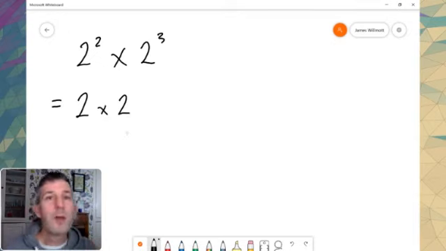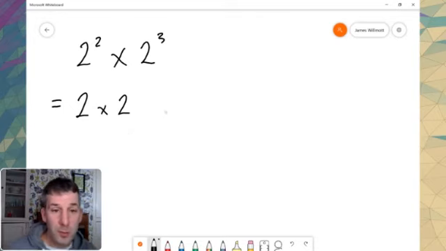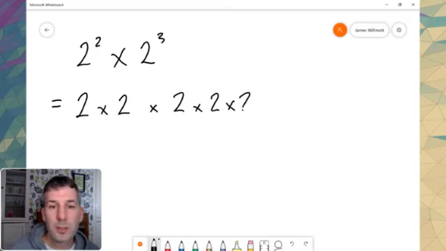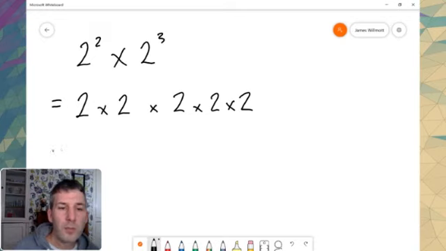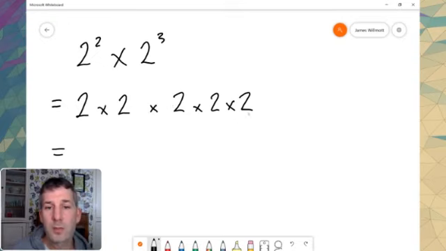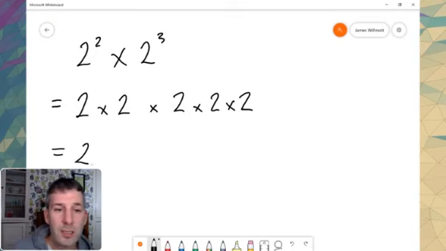And then we've got to multiply that by 2 cubed. 2 cubed is just 2 multiplied by 2 multiplied by 2. If we're multiplying that whole lot together, we've got 2 times 2 times 2 times 2 times 2. That is just 2 to the power of 5.